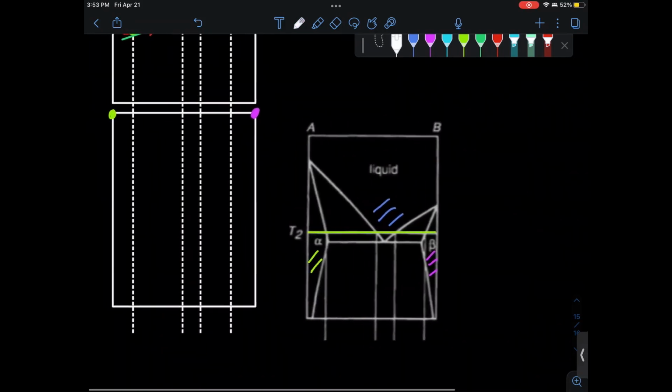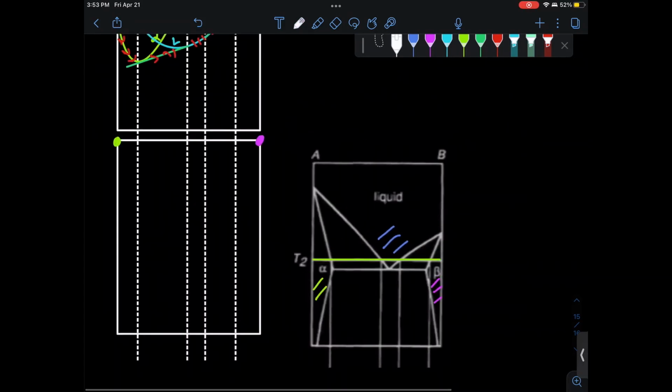Since our alpha and beta form two solid mixtures, we can say that these solid mixtures have positive deviation. This is just something that we're going to claim. We also have to claim, this is going to make us a lot easier, that the liquid is ideal.